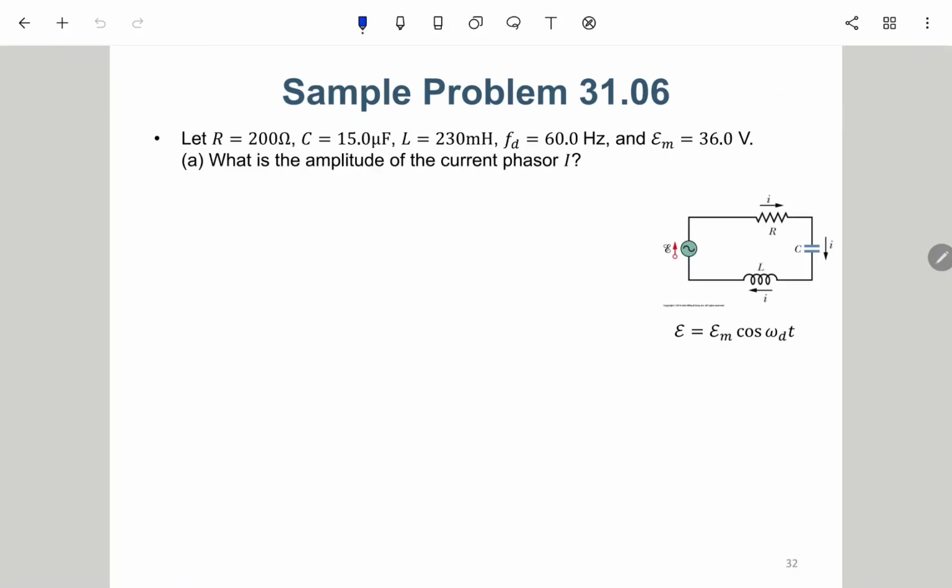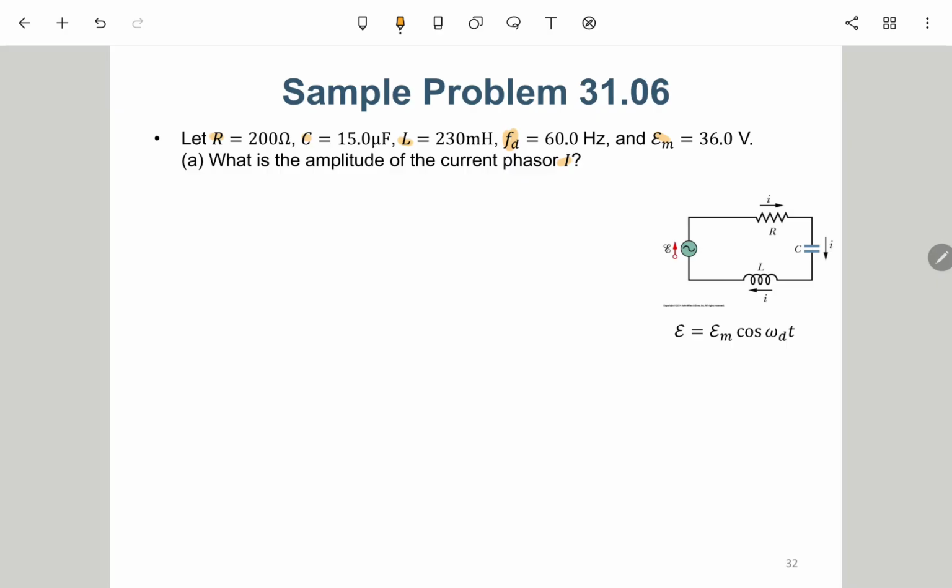Okay, so here is an example to see how we can make use of it. So here we have an R, we have a C, we have L, and then we also have the driving source EM. It asks what is the amplitude of the current phasor.